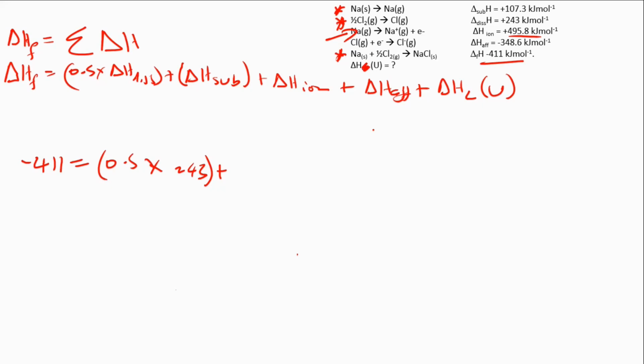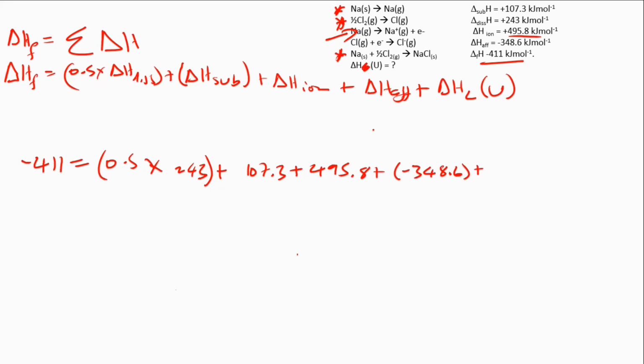The next one is the sublimation. Sublimation is 107.3, plus the ionization of sodium, 495.8, plus the affinity, minus 348.6, plus what's the next one now?